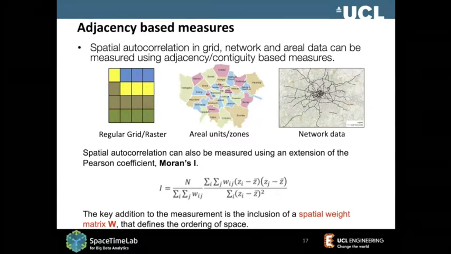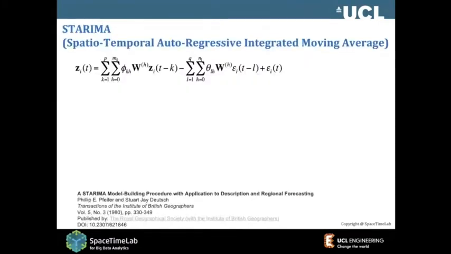This actually reflects the first law of geography in a sense. There are lots of different measures of the spatial weight. So we need the adjacency, we need the spatial weight matrix. I think Moran's I has been used a lot to talk about spatial autocorrelation. So you're all familiar with that. That's all very simple, right? We got the graph, we got the adjacency matrix, and it turns into a spatial weight matrix.